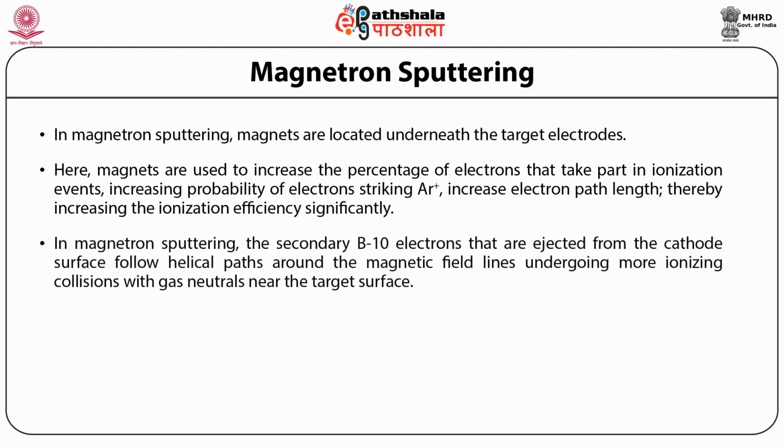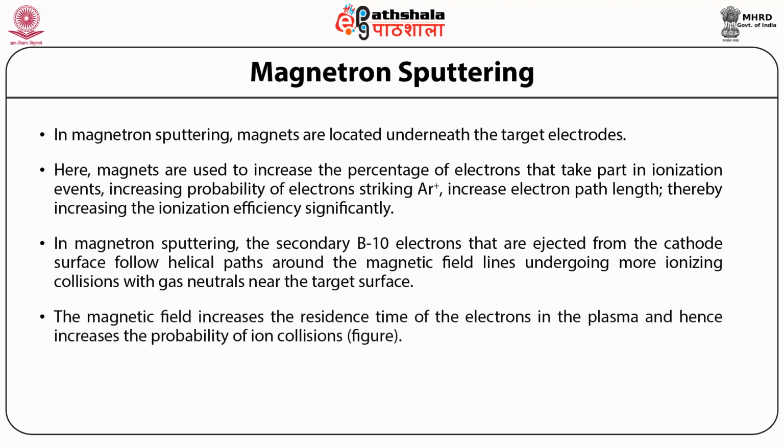In magnetron sputtering, the secondary electrons that are ejected from the cathode surface follow helical paths around the magnetic field lines, undergoing more ionizing collisions with gas neutrals near the target surface.